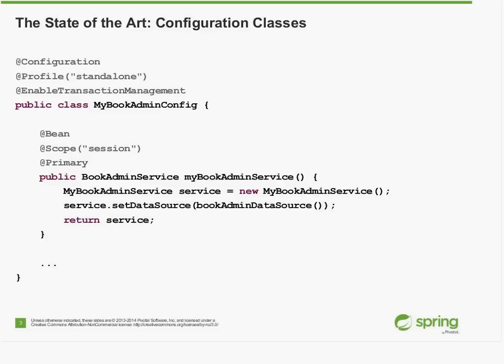As another example of the kinds of annotations we find here, let's look at @EnableTransactionManagement quickly. The @Enable annotations are basically the equivalent of XML namespaces in the annotation world, our translation of powerful but simple container configuration features into the @Configuration model.